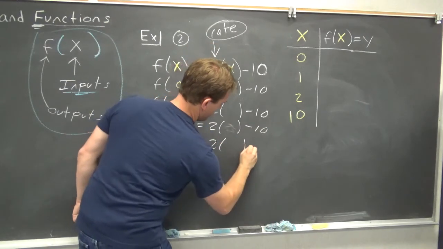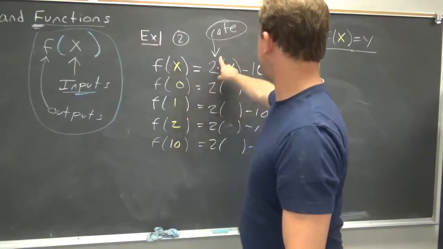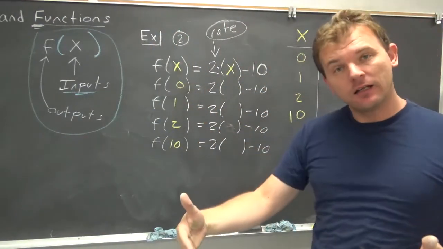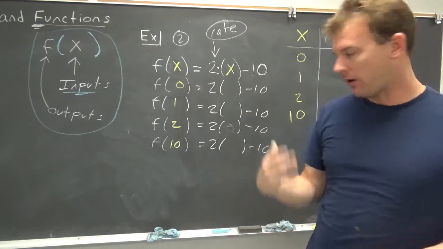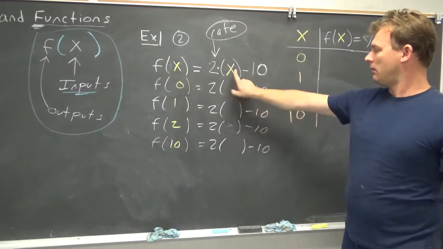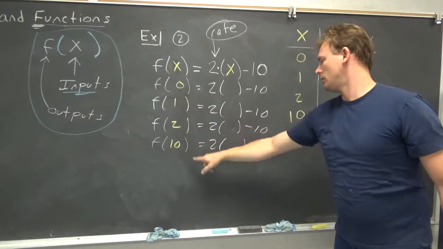Always 2 minus 10. Remember, we're always keeping our rate, and we'll always have to subtract 10 from our value. So what do we put in here now? 0, 1, 2, and 10, right?